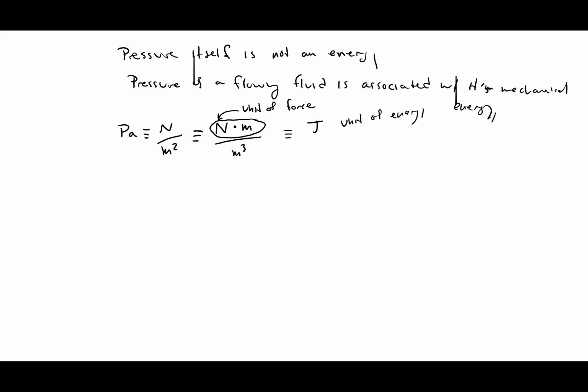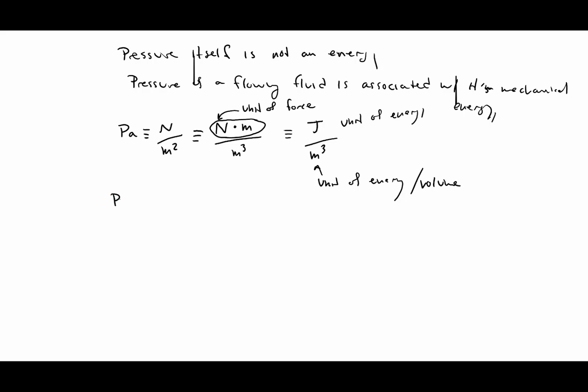With the Newton meter, we have a force times a distance, which is work, a unit of energy, and we still have the meter cubed. So what we have is a unit of energy over a volume. We've seen that the pressure unit can be seen as a unit of energy per volume.